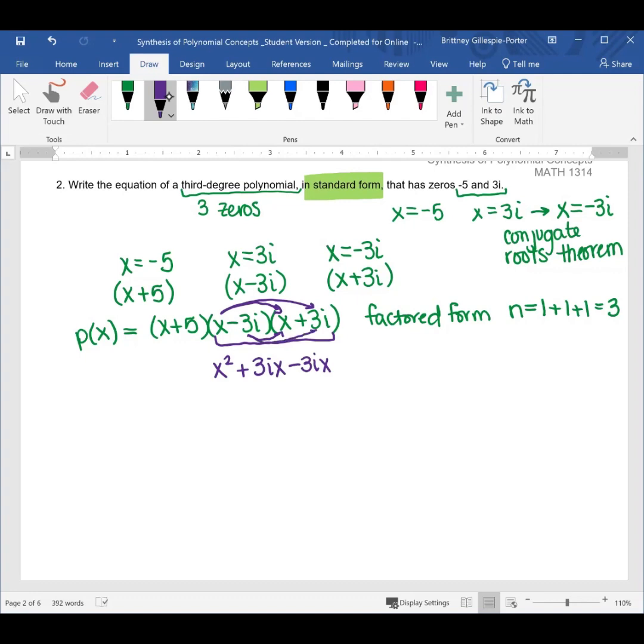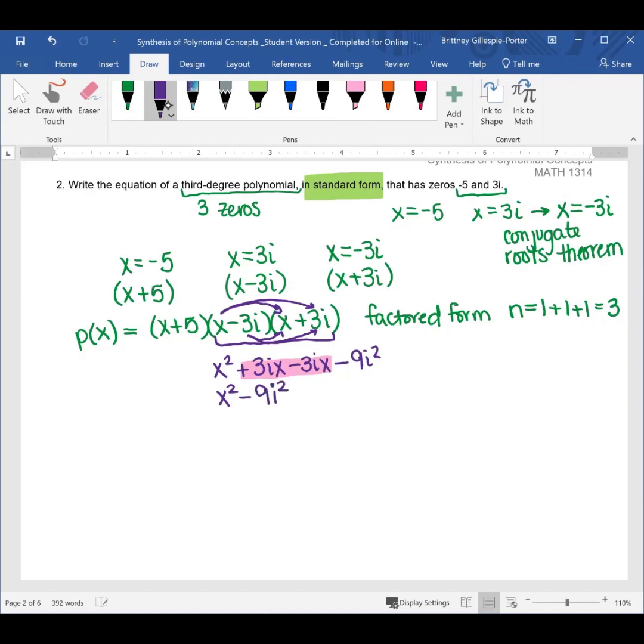And negative 3i times positive 3i gets us negative 9i squared. Notice that the middle terms are going to cancel. That's the cool thing about the conjugate roots theorem, which means that we have x squared minus 9i squared.